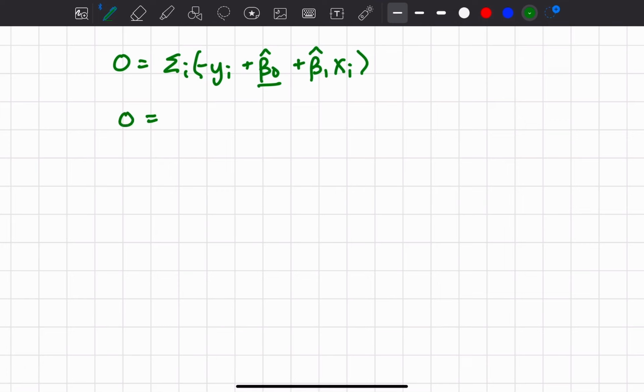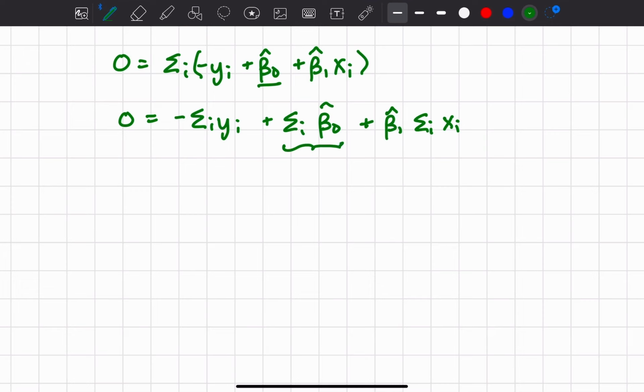So that'll be sum i. And also we can pull out any constants to the front of the sum. So it'll be negative sum i yi plus here, just sum i beta naught hat, and then plus beta 1 hat sum i xi.